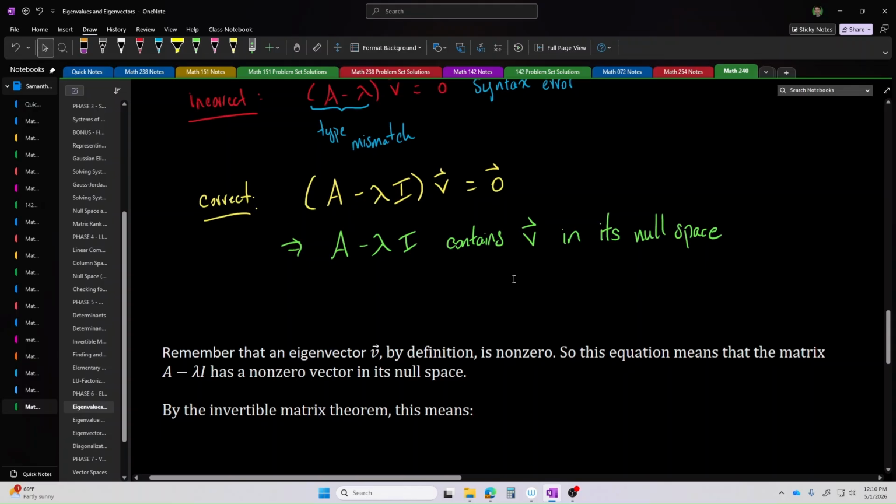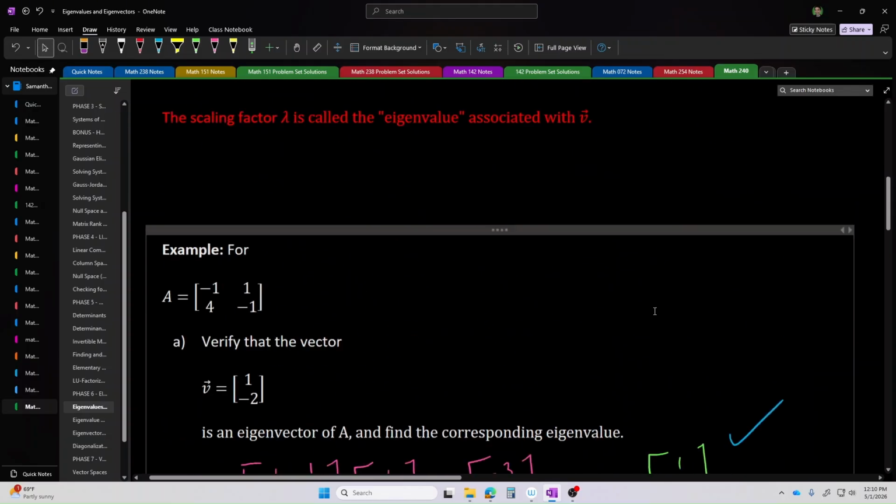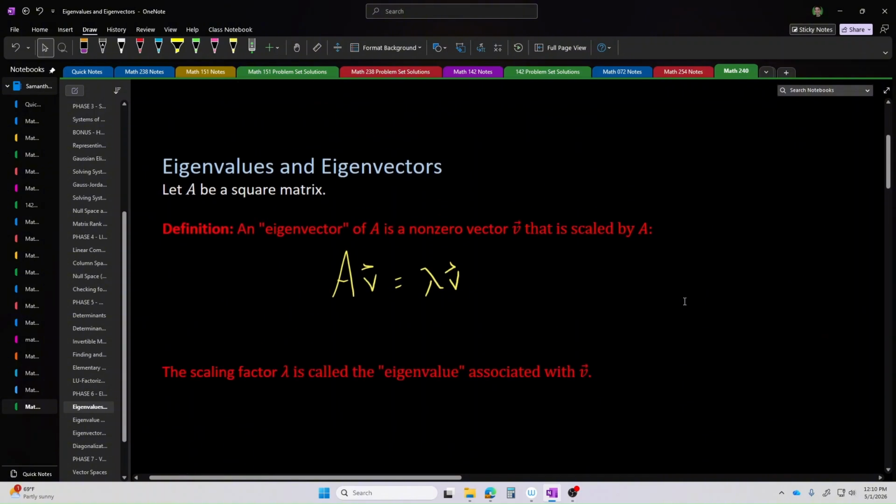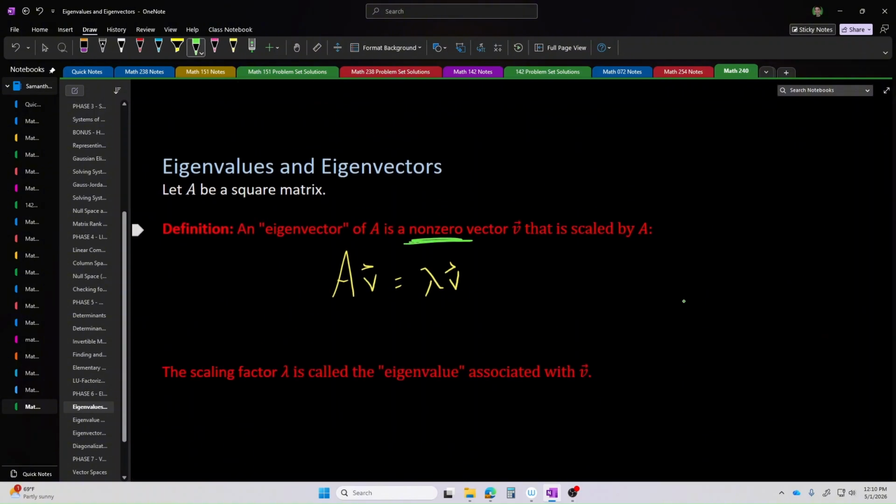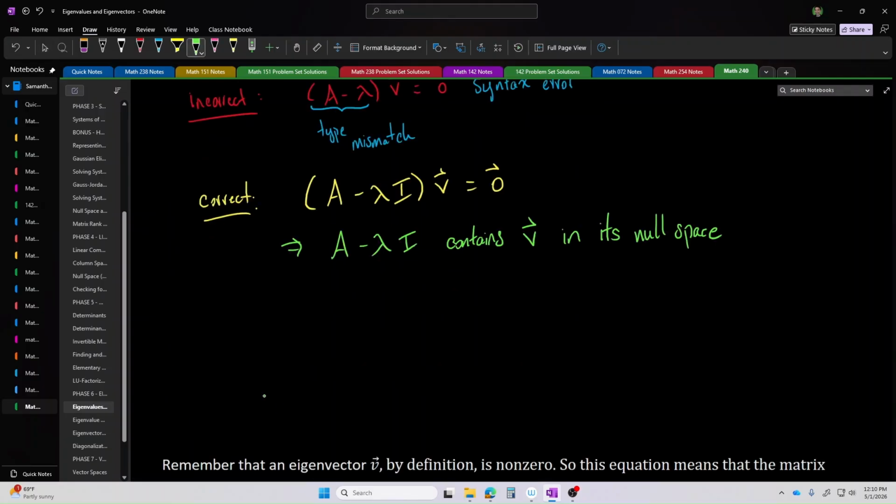Now remember that the eigenvectors of a matrix are defined to be non-zero. So that means that A minus lambda times the identity has a non-zero vector in its null space.